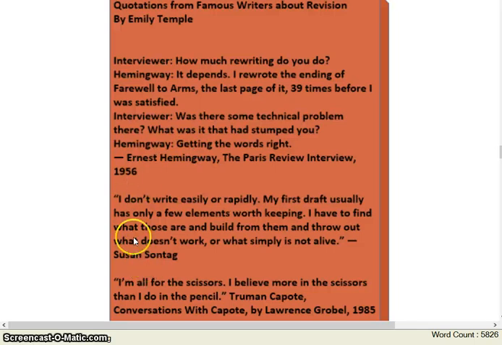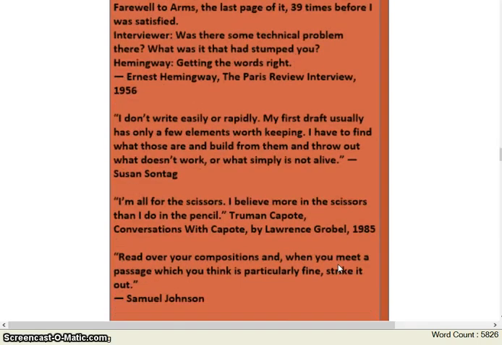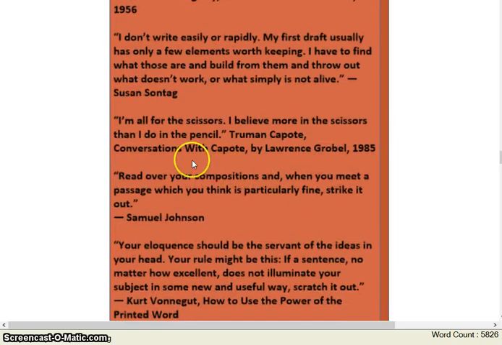Susan Sontag said, "I don't write easily or rapidly. My first draft usually has only a few elements worth keeping. I have to find what those are and build upon them and throw out what doesn't work or what simply is not alive." Truman Capote said that, "I'm all for the scissors. I believe more in the scissors than I do in the pencil." So he would cut out whatever didn't work in his draft.